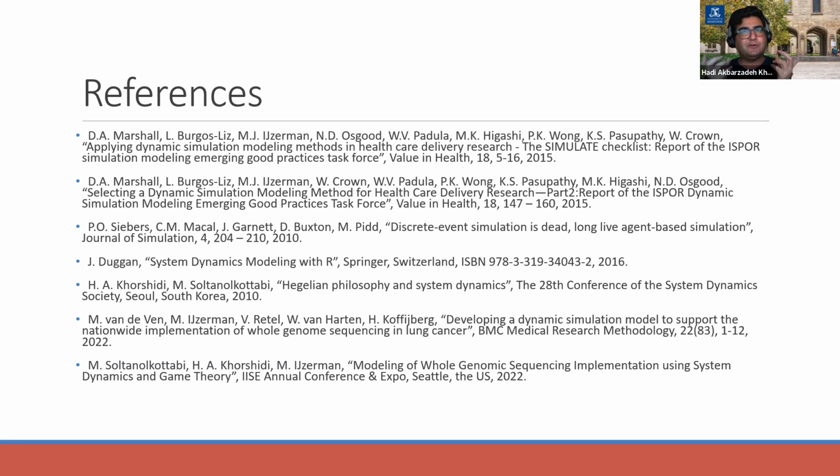So right now, that's the question that the government and insurances are seeking to find out: should they allocate some reimbursement for whole genomic sequencing if it is effective enough and can reduce the diagnosis time, improve survival, and maybe in general minimize the whole cost of treatment.